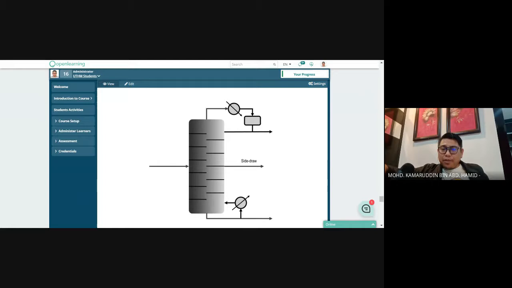Nafta ni pula terbagi kepada 3. Dia ada low nafta, dia ada mid nafta, dia ada high nafta. Dia ada lagi jenis nafta ni. And this nafta basically will be blend together with a certain chemical yang itulah guna sebagai kerosene, guna sebagai petrol daripada nafta.